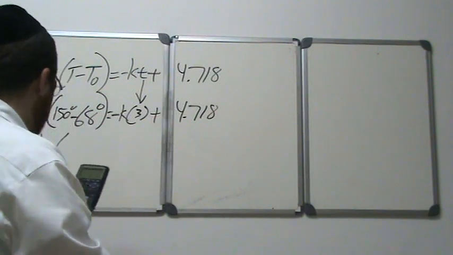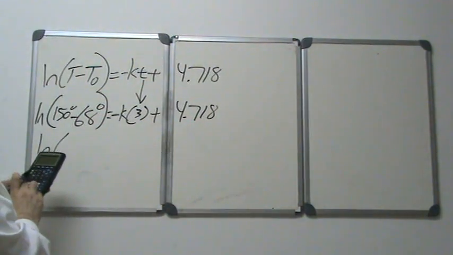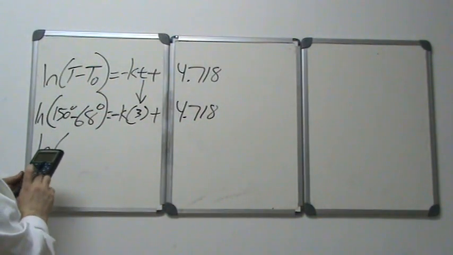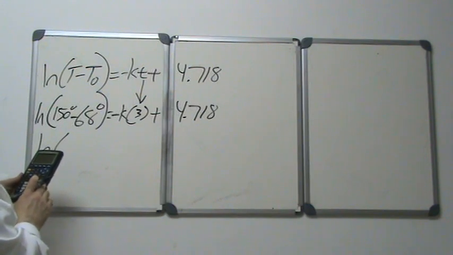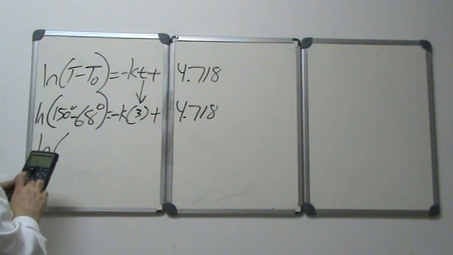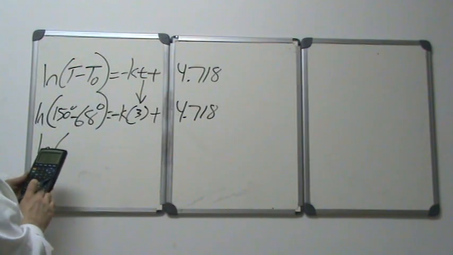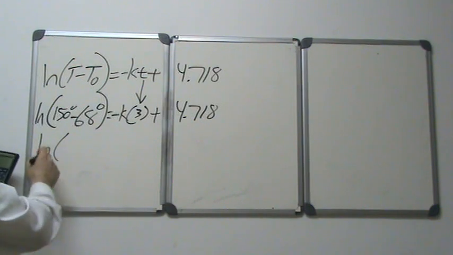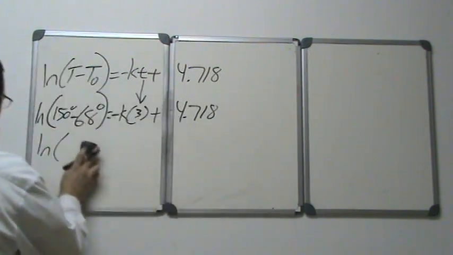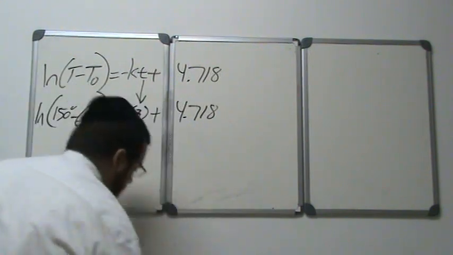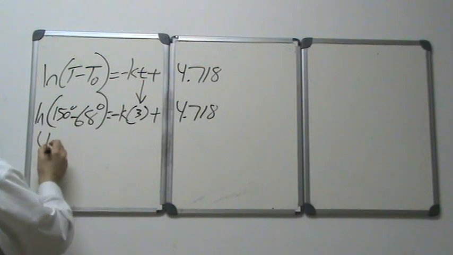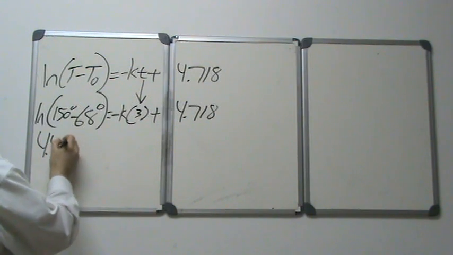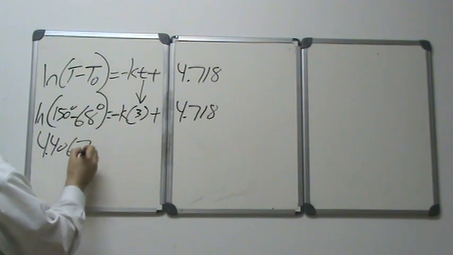So you hit the ln once, and you do 150 minus 68, close parentheses, is equal to 4.406719.